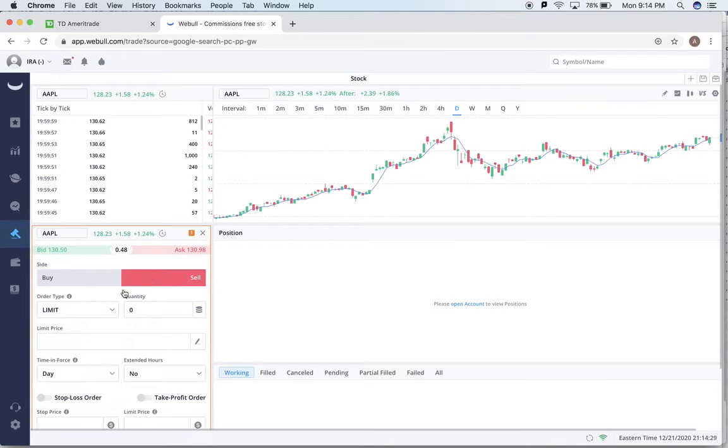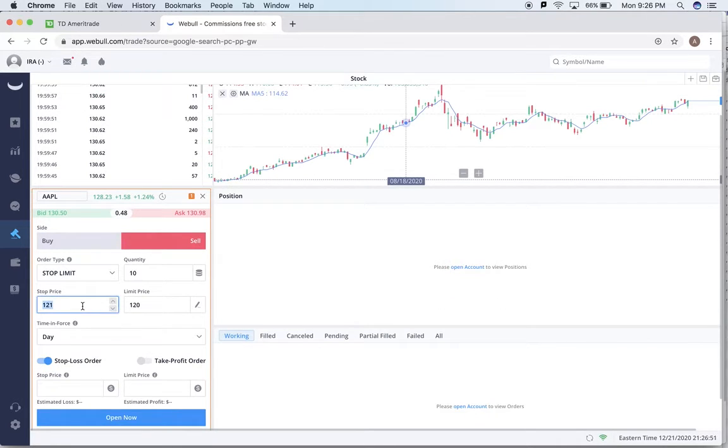And let's focus on sell. I can set the stop price, and let's say I set it to $122. And then I can set the limit price at $121.